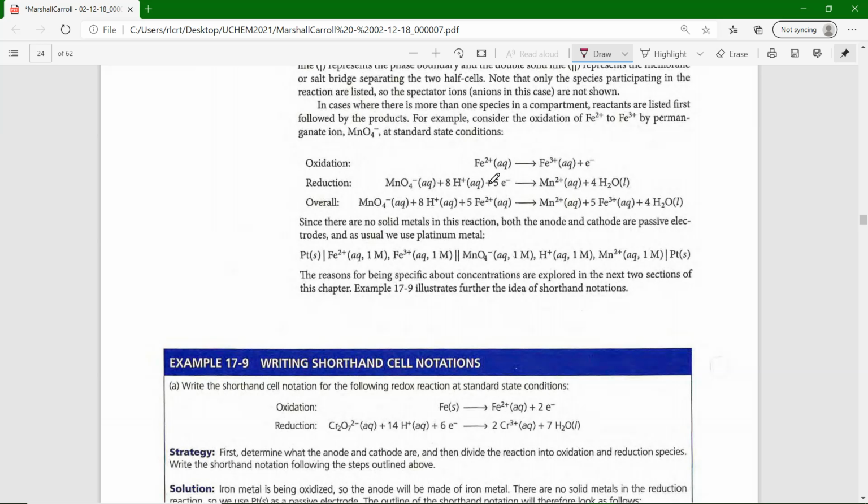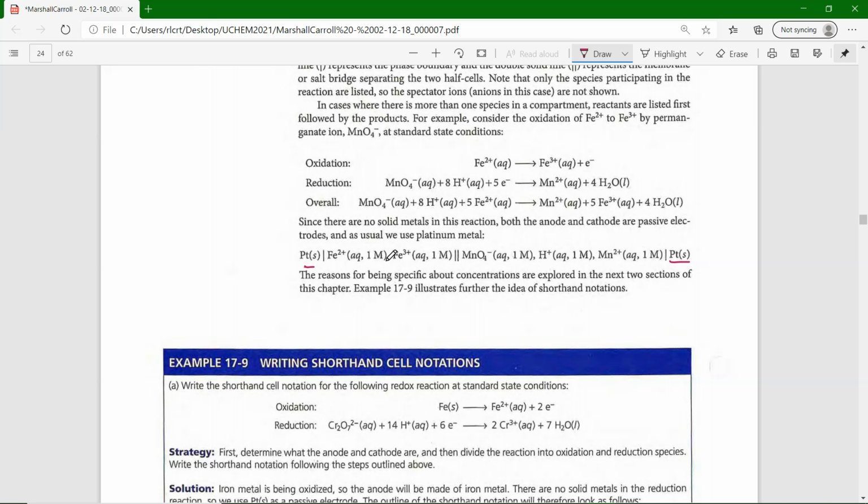Where's my... I need a passive electrode. There's no solid metals, are there? It's all aqueous, so I need passive electrodes in both parts. So here they are. Okay, so oxidation first. So I got Fe2 plus and Fe3 plus. So they're both dancing around in the oxidation half cell.